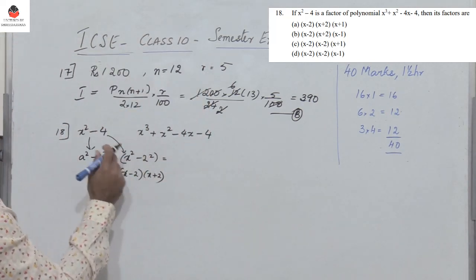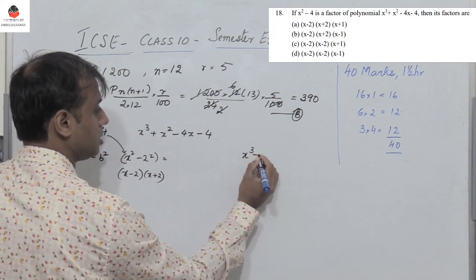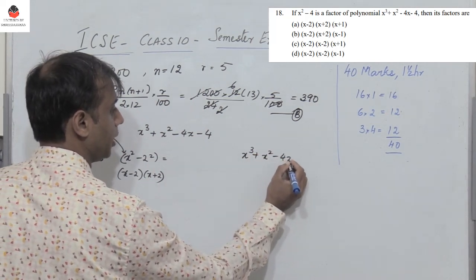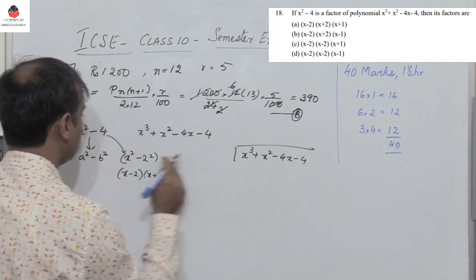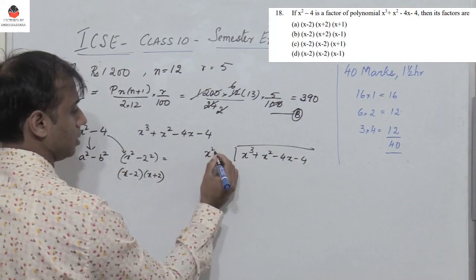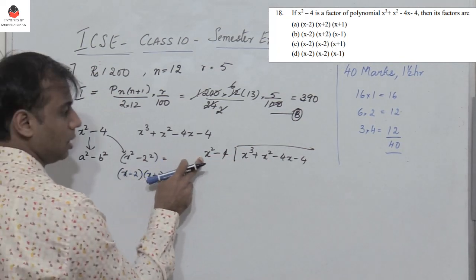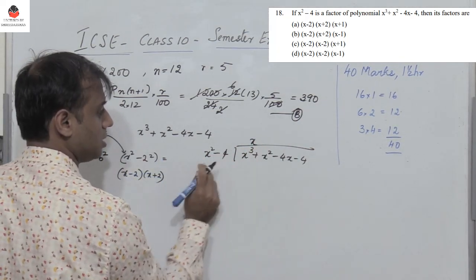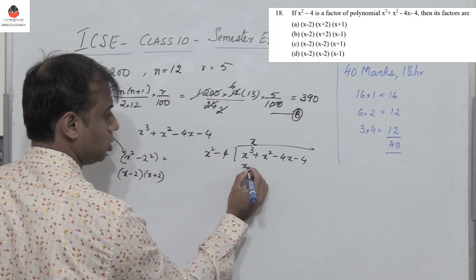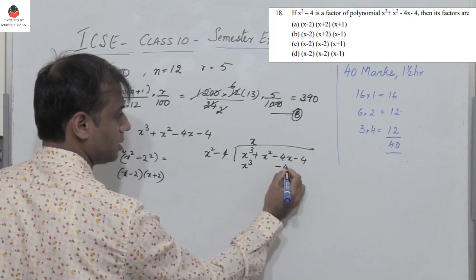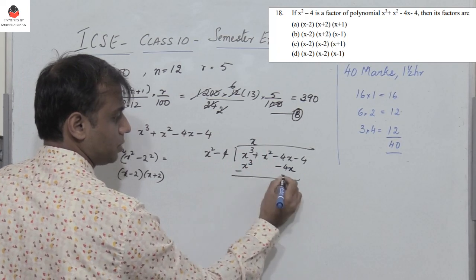So I need to divide the polynomial x cube plus x square minus 4x minus 4 by x square minus 4. First I have to eliminate x cube, so multiply this expression with x. So you get x cube minus 4x. Subtract.